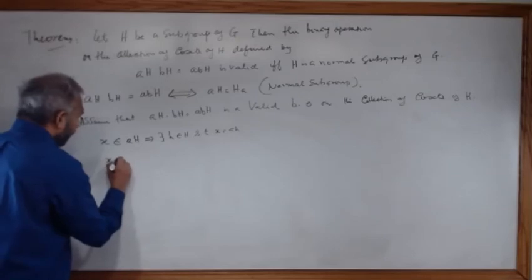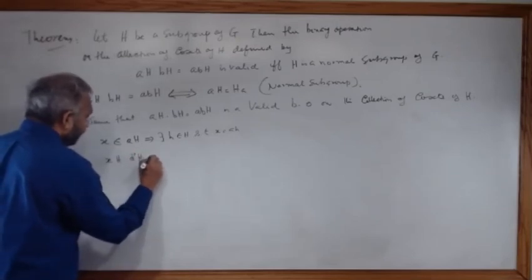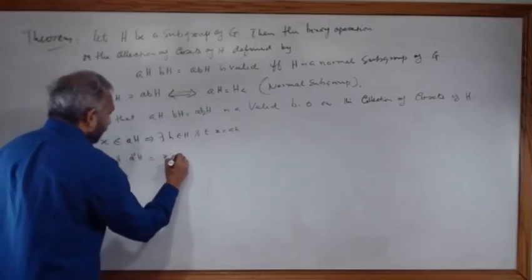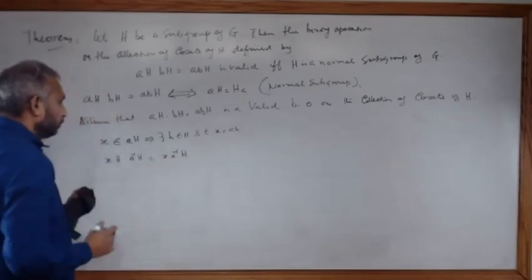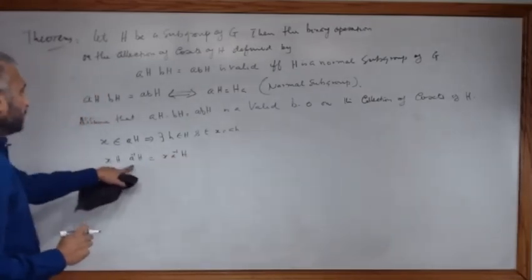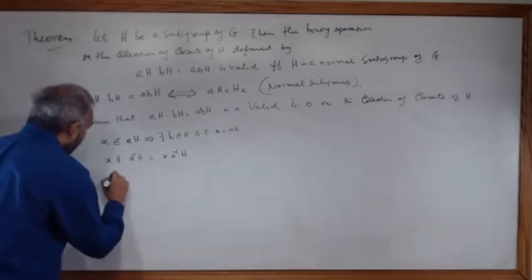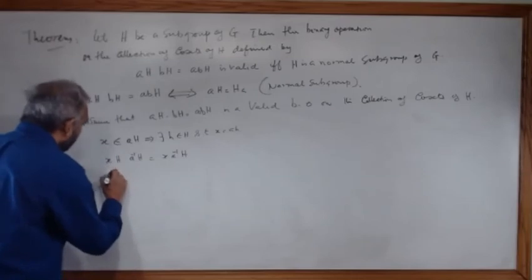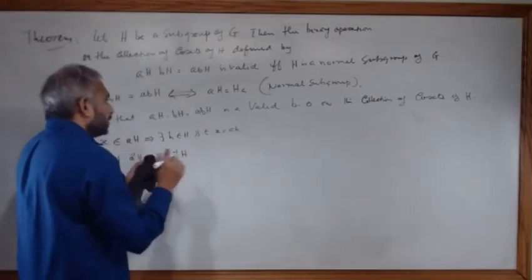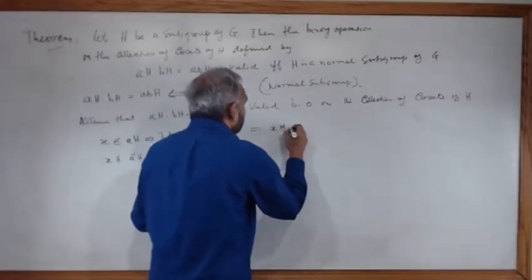X times H times A inverse H is equal to X A inverse H, because A inverse is another element of G. We also have, since X belongs to AH, that XH is equal to AH.